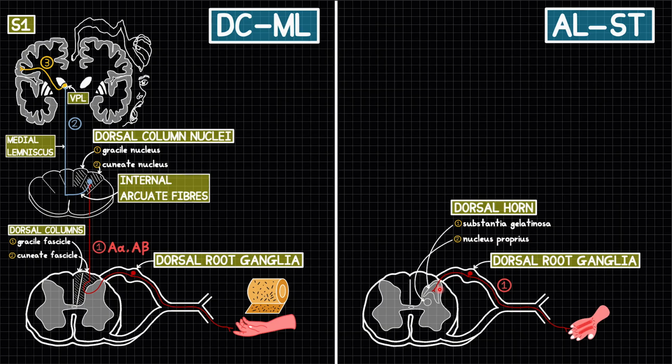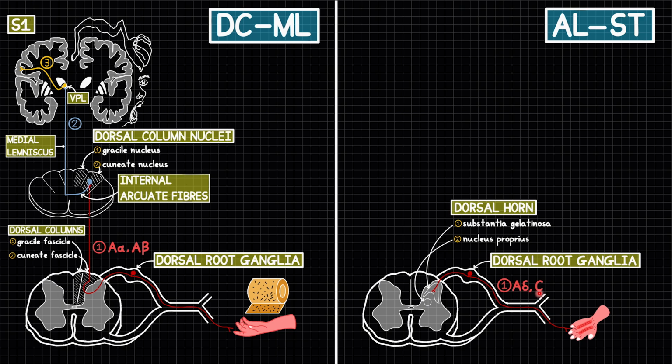That's the first difference. The second difference is that you have to remember how these first order neurons in the DCML pathway are the A alpha and A beta highly myelinated fibers. Whereas in the ALST pathway, what were they? They were the thinly myelinated A delta fibers or the unmyelinated C fibers.